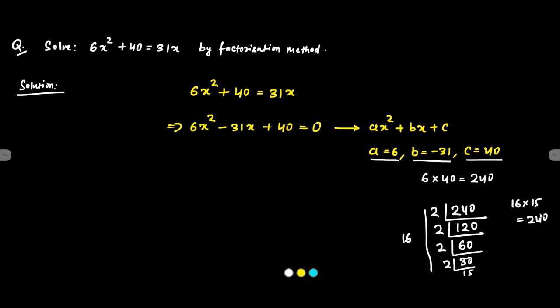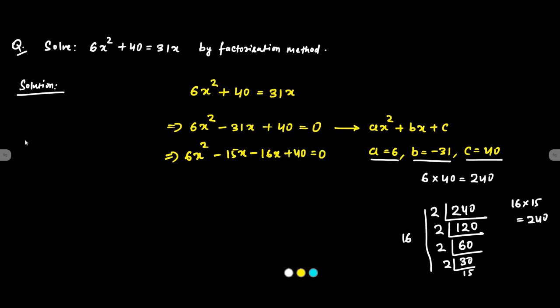Now how to split this middle term? Let's say we write it as 6x² − 15x − 16x + 40 = 0.